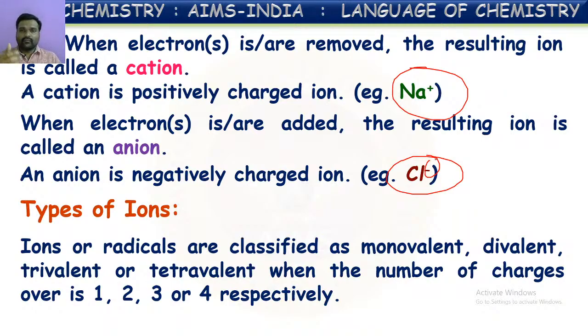Based upon the number of electrons gained or lost by an atom, the type of ion is categorized. If one electron is lost, they are called monovalent. In this way, based upon the number of electrons gained or lost, ions are categorized into different types: monovalent, divalent, trivalent, and even tetravalent. So let us see these one by one.